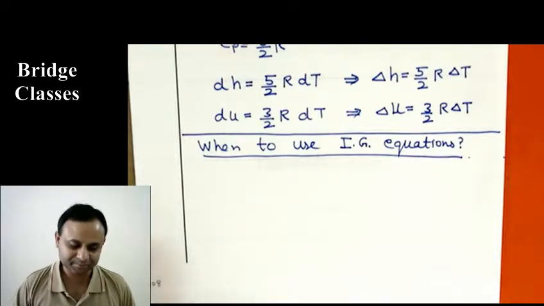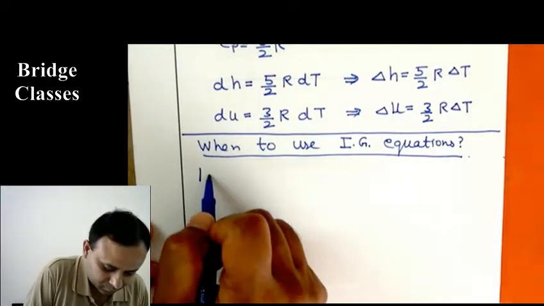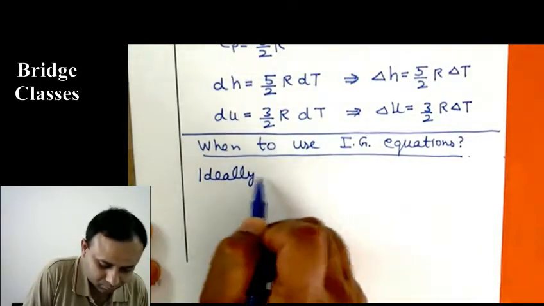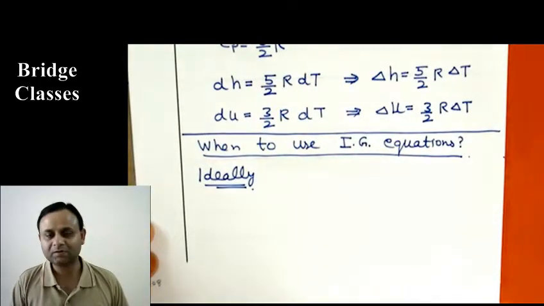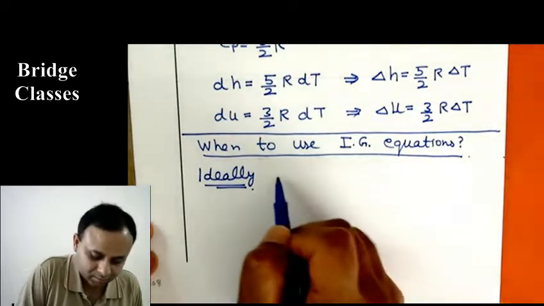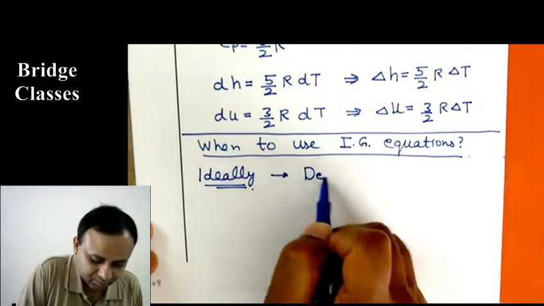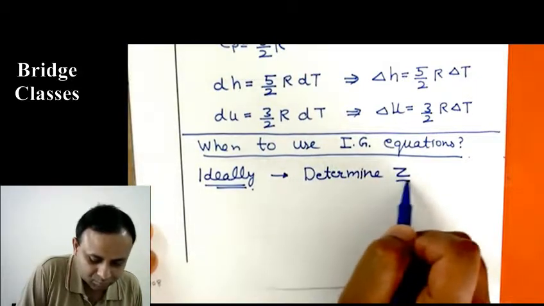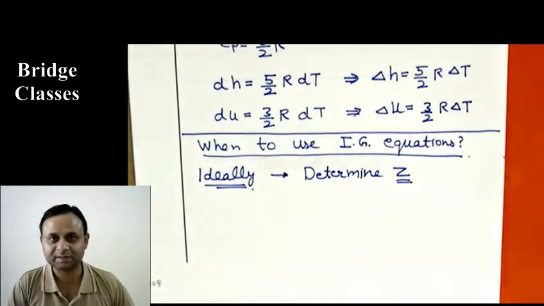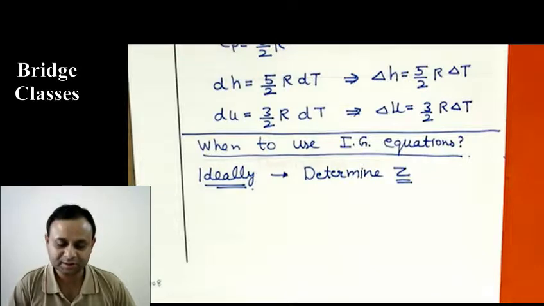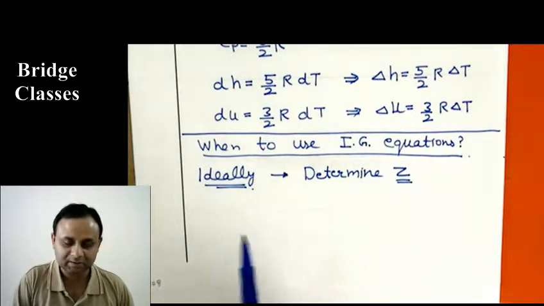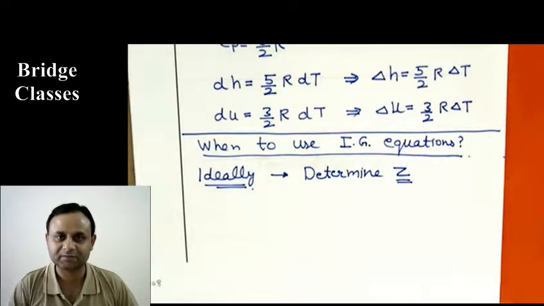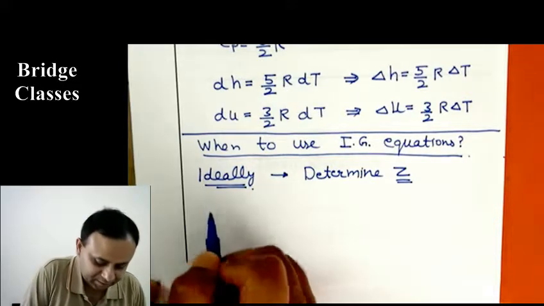Actually, ideally, what we should do is first determine Z from the generalized compressibility chart corresponding to the state that is given. Let us say pressure and temperature are given.